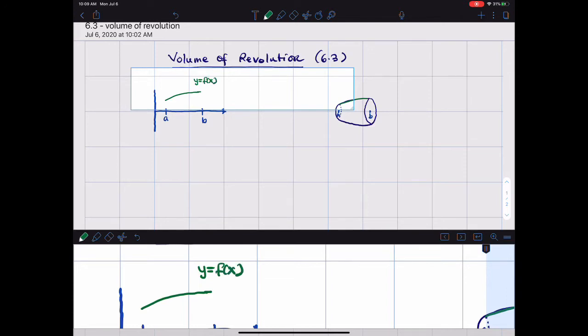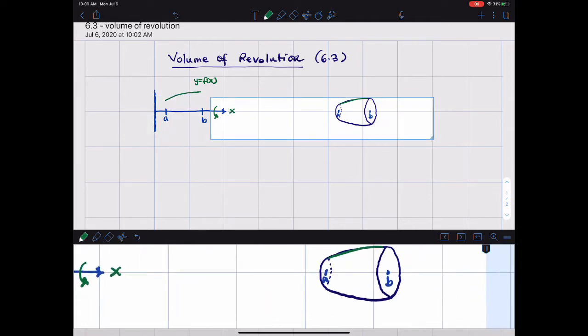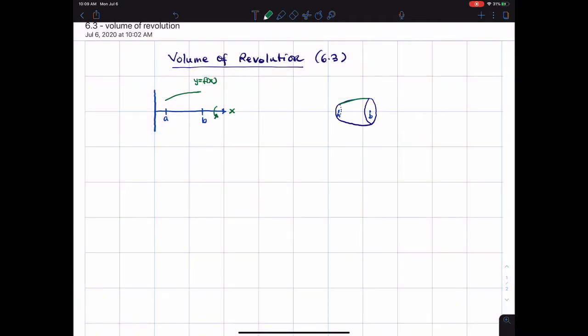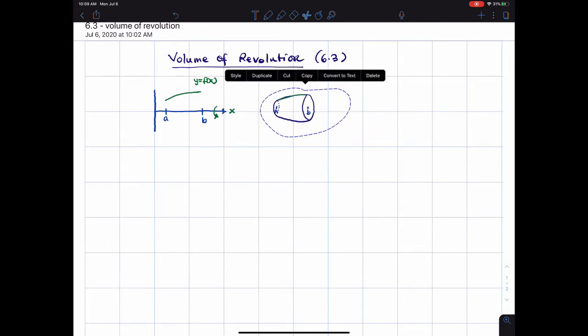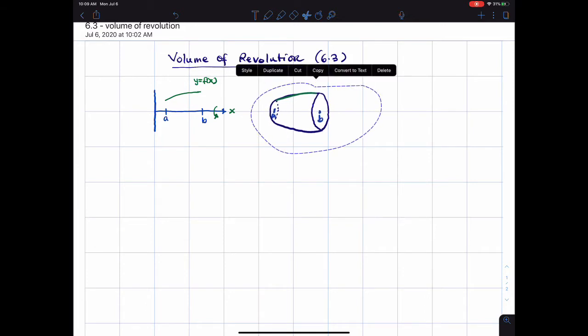All right. Now, consider rotating this function from A to B across the x-axis. If you do that, you will see that you're going to end up with this particular figure.